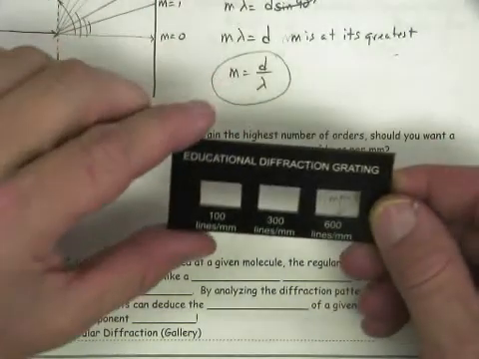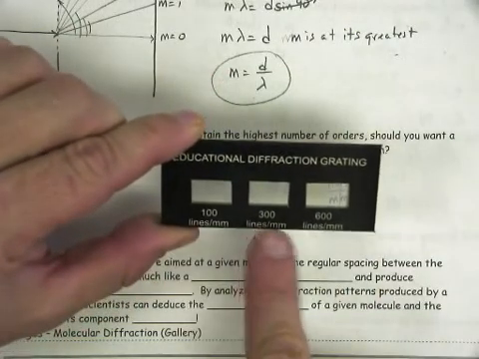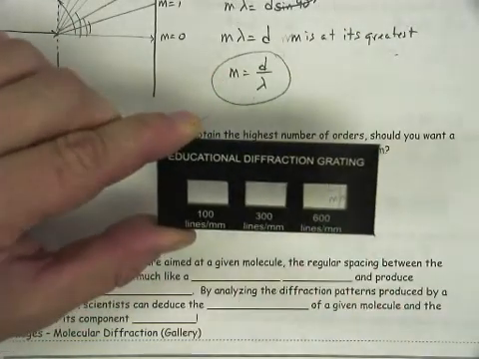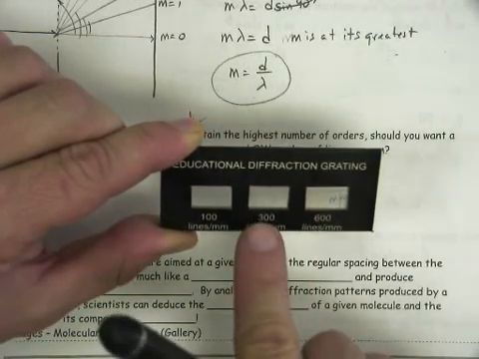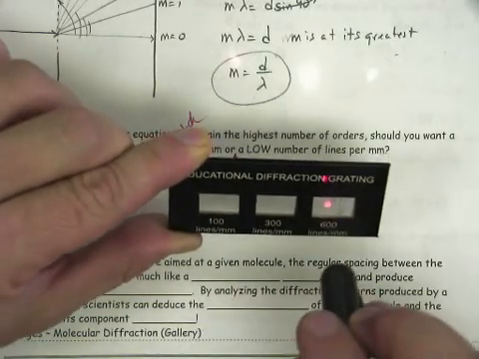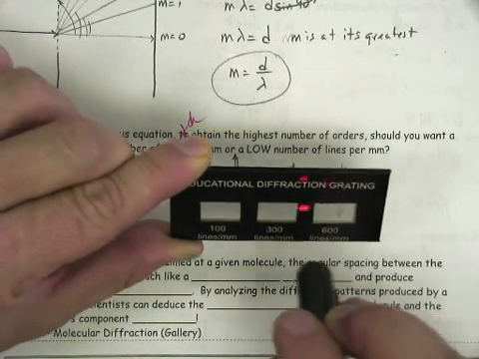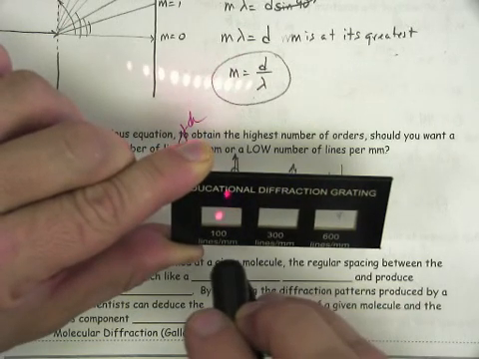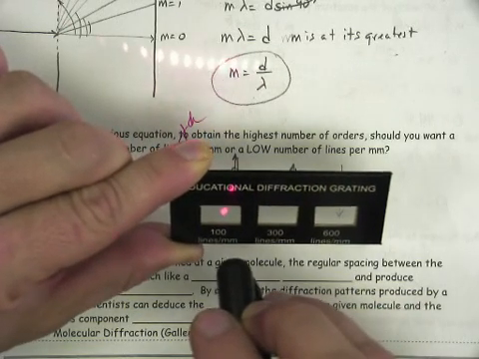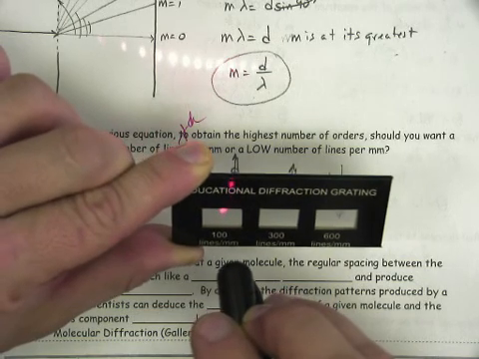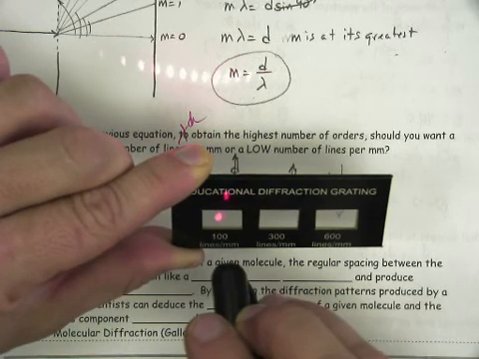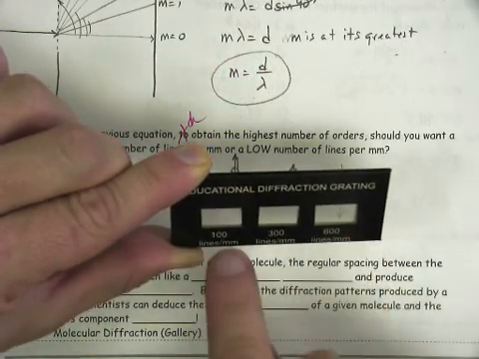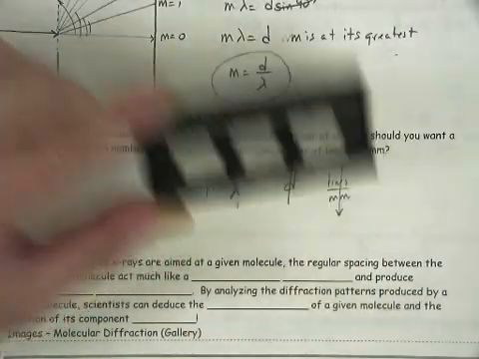And if we pull this back in, remember 100, 300, 600, this side over here would be few, some, and then many. You can see that when you have 100 lines per millimeter, you get the most orders that can be produced in this particular arrangement of 100, 300, and 600.